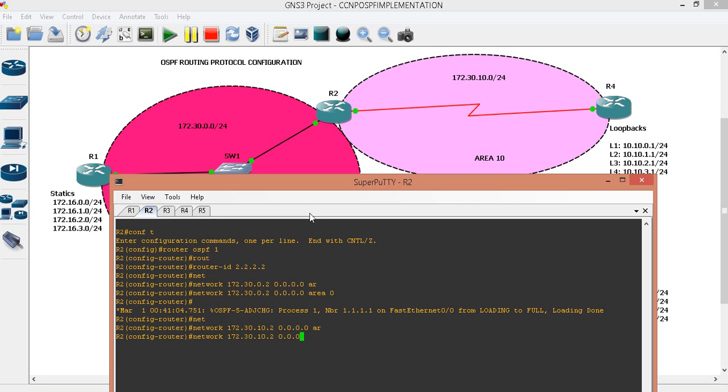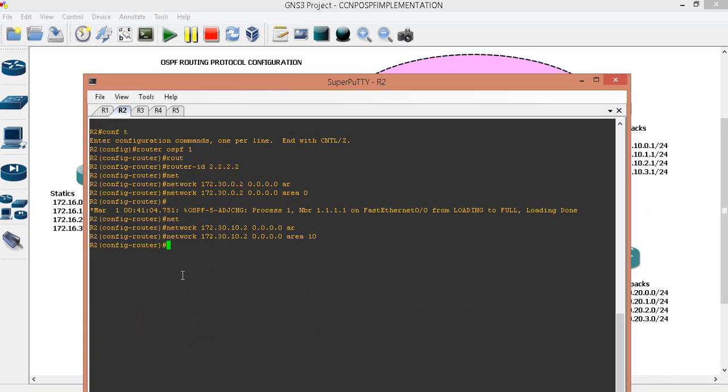That's in area 10. So remember, the base configuration is already done. I didn't record that because it would take time. This is for CCNP level, so to configure the hostname and the IP addresses on the interfaces, I've done that without recording them, to go fast. So we are done with that.